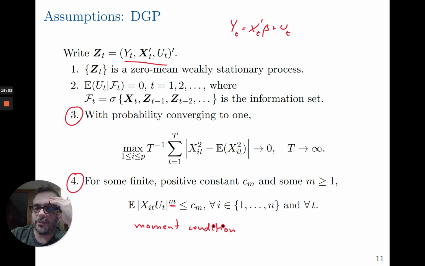Why is this relevant in practice? Because this will be related to the number of variables that you may allow in your model. The larger is the value of m, the larger will be the number of variables that you include in your model.